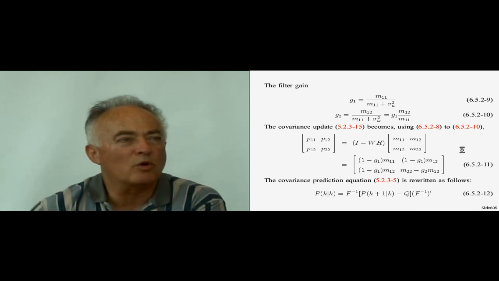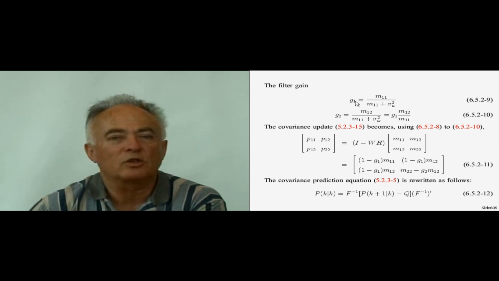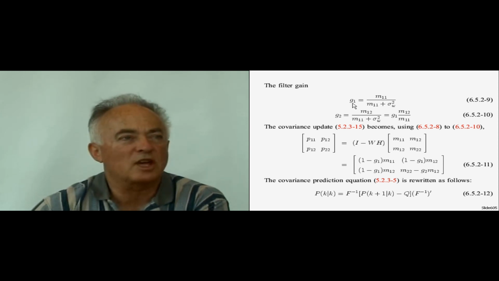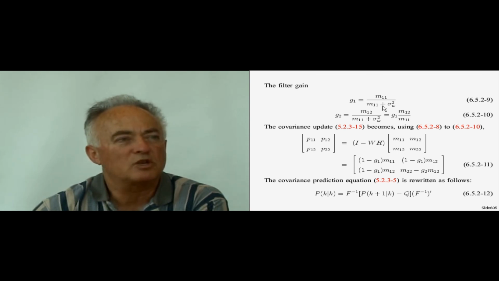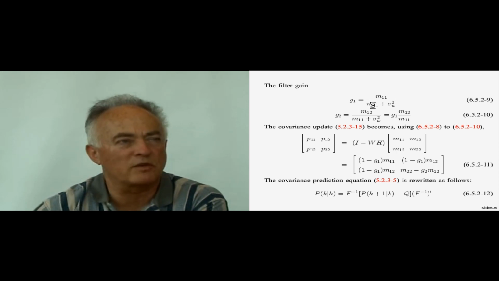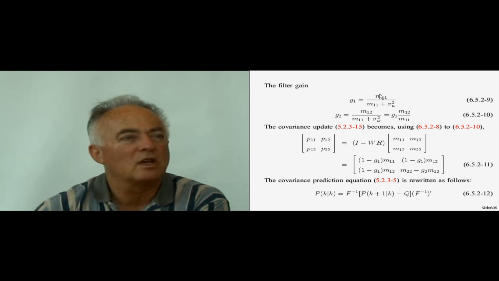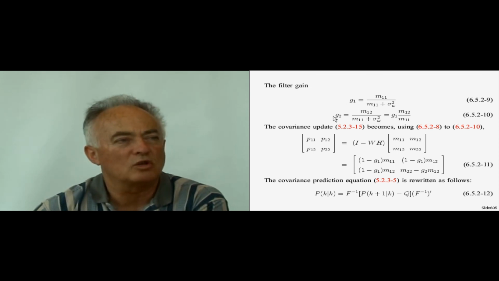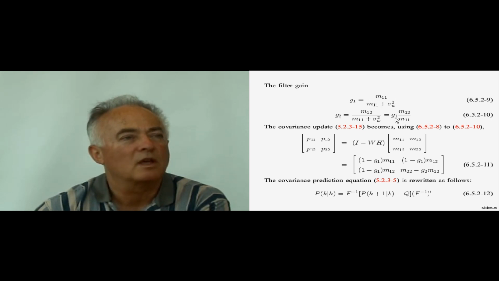At this point, looking at the gain equations, G1 can be expressed in terms of the state prediction covariance matrix: it is P H transpose times S inverse. You have the state prediction multiplied by 1, because we make position measurements directly, plus the measurement noise variance. So this is the position gain, and this will be the velocity gain, G2. And again, it can be immediately replaced in terms of G1 and these two m's here.